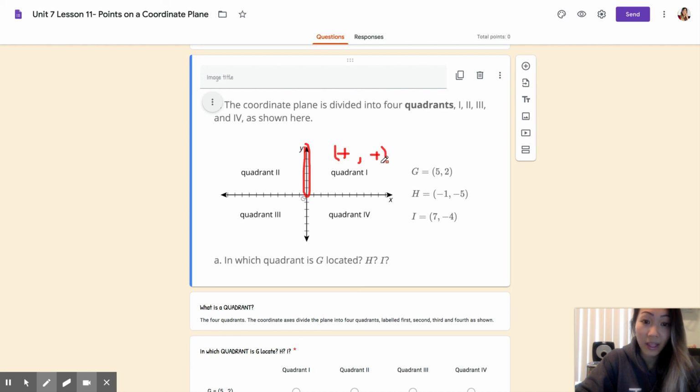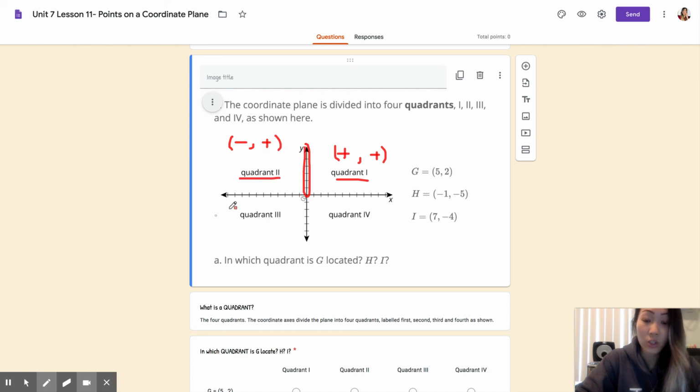So quadrant 1 is going to be an answer. Quadrant 2, the x is going to be negative, but the y is going to be positive. So not only is it quadrant 1, it is also quadrant 2.